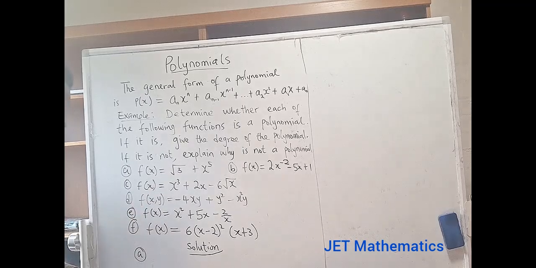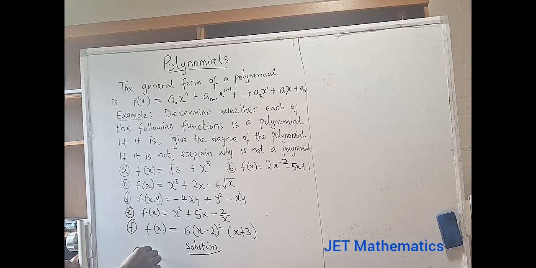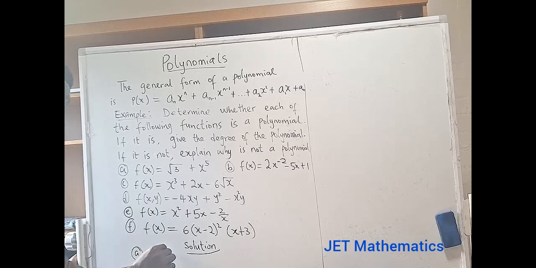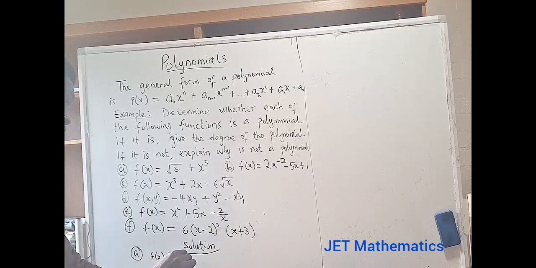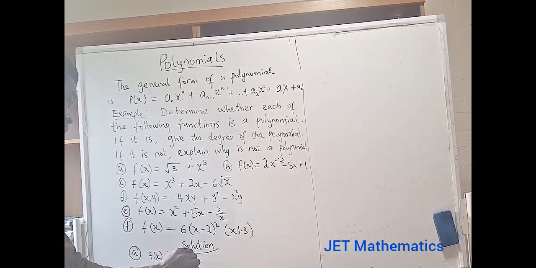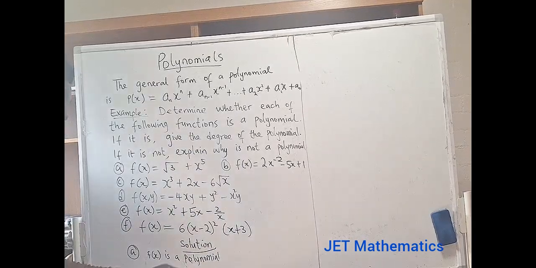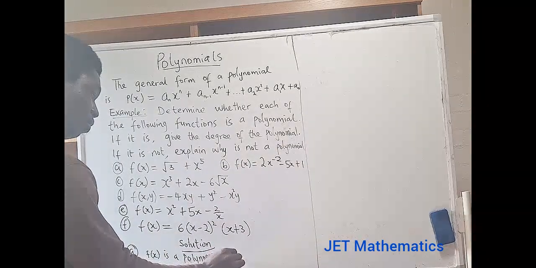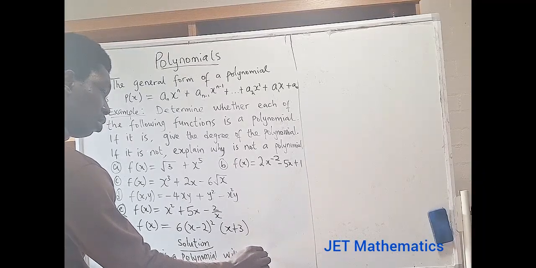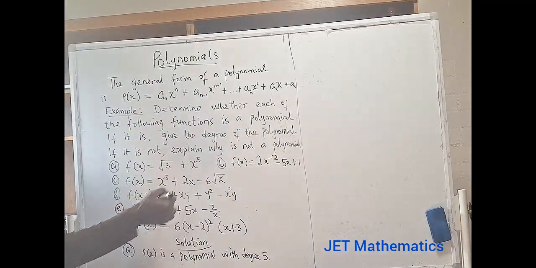Okay, this is a polynomial, with degree 5. So the degree of this polynomial is 5.